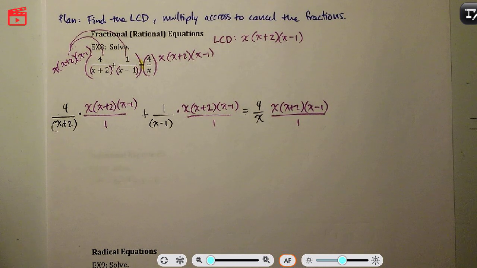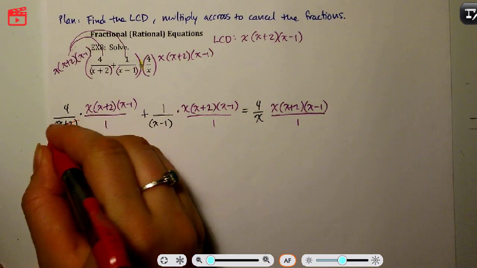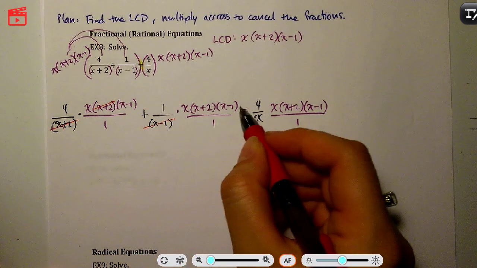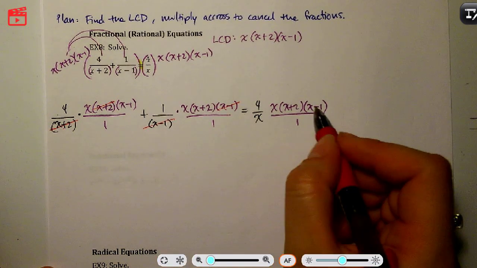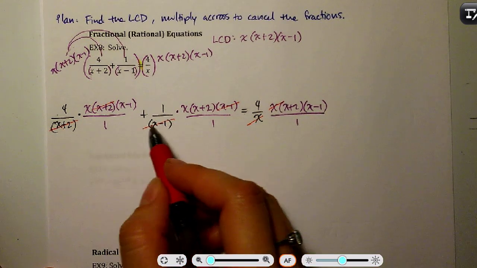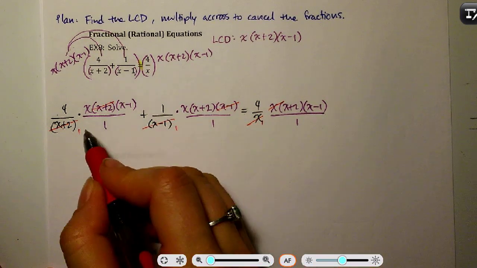Now let's see. Do we really end up canceling the fractions? If we do, we did our job correctly. Okay, so can we cancel something from the top and the bottom? Yep. Gone. Let's see this term. Yeah, there we go. X minus 1's cancel. And this term, the x's cancel. And in the bottom, all we have are 1s. Okay, all we have are 1s.